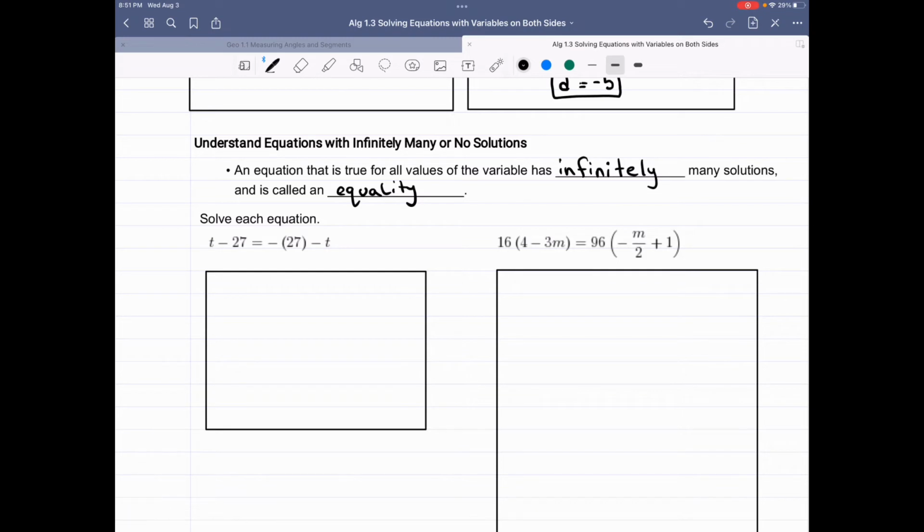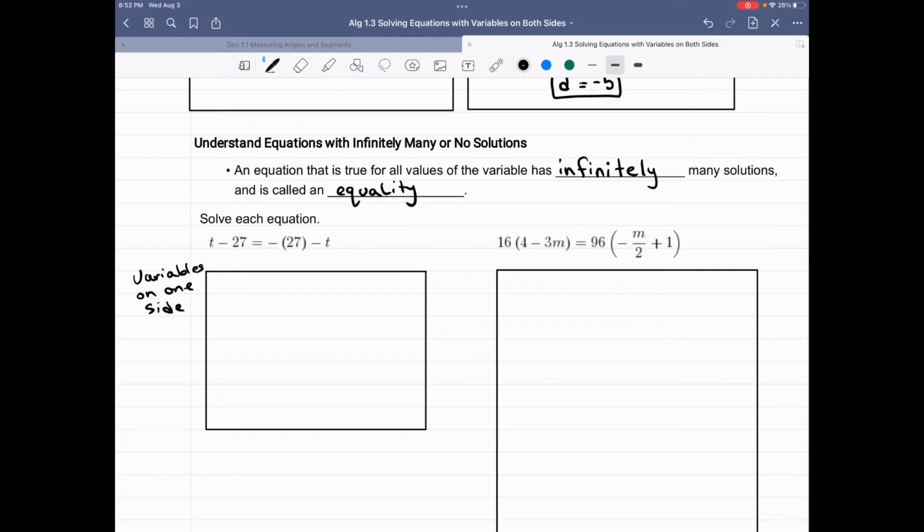Here we have t minus 27 equals minus 27 minus t. So we need to solve this. All right, so the first step, there's no distributing, so we're going to get variables on one side. That's usually what we need to do if there's variables on both sides. We got to get them together.